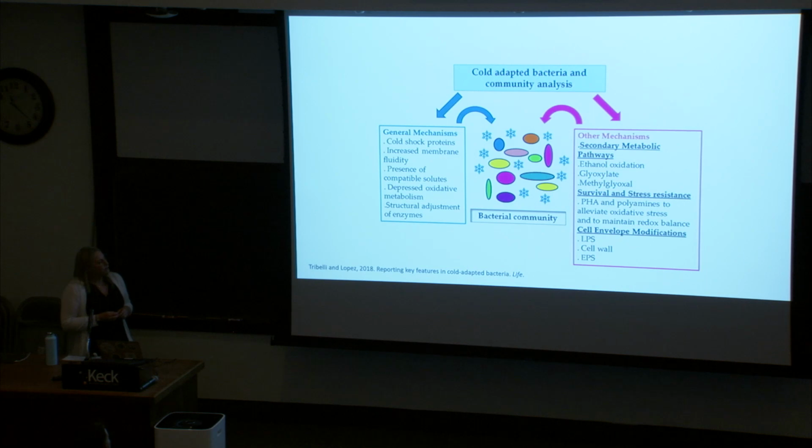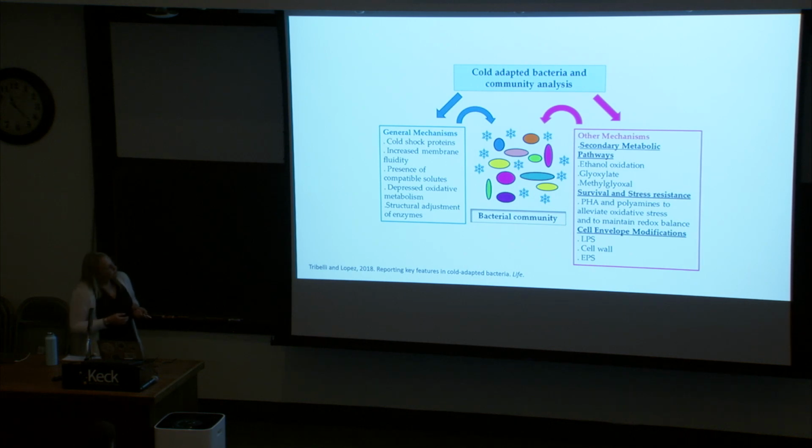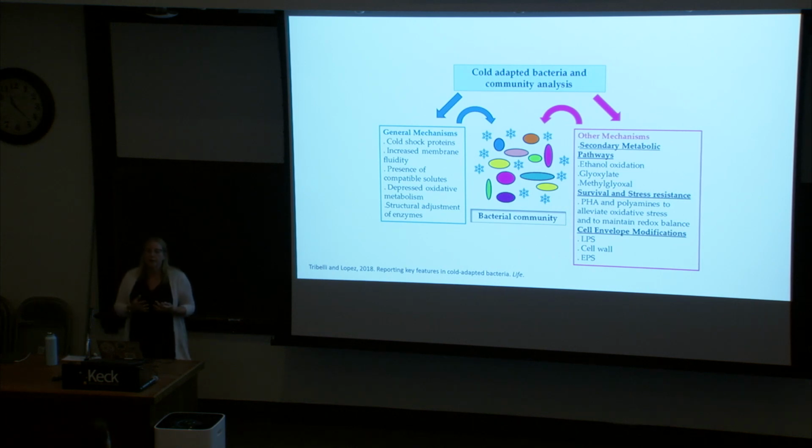So those help reduce the freezing point of the cytoplasm within those cells. They help to scavenge those free radicals and to help to stabilize those cellular membranes. So there are also structural changes to enzymes, to the cell envelope. So lots of different ways that organisms have adapted to live in these cold temperature environments.